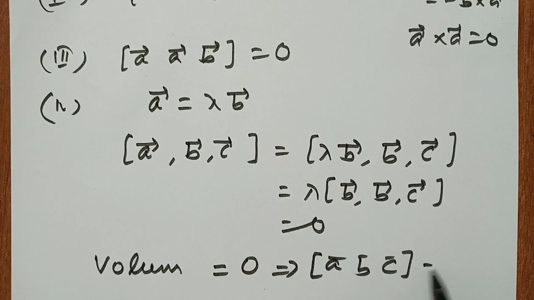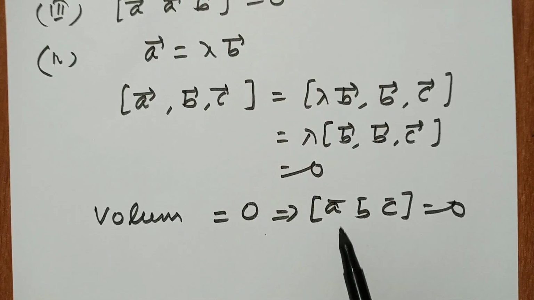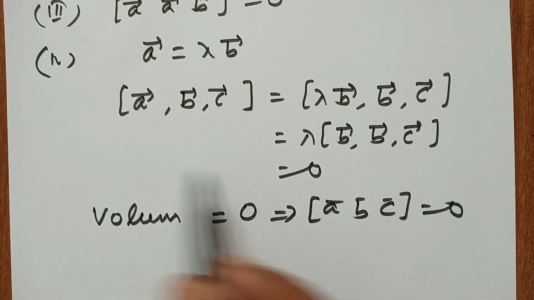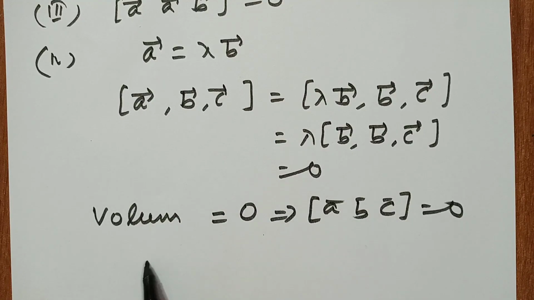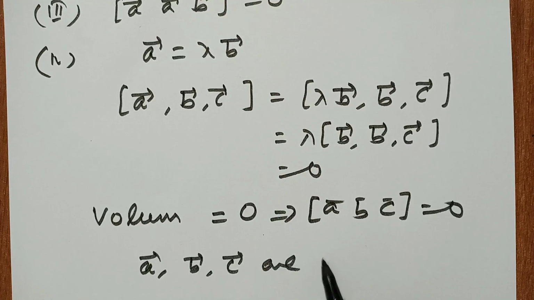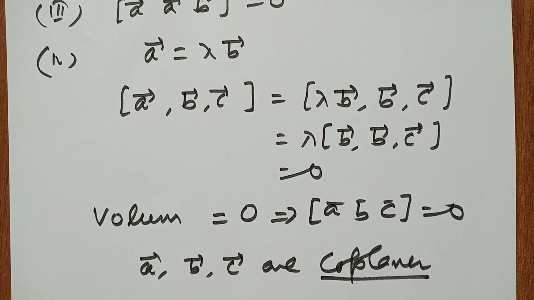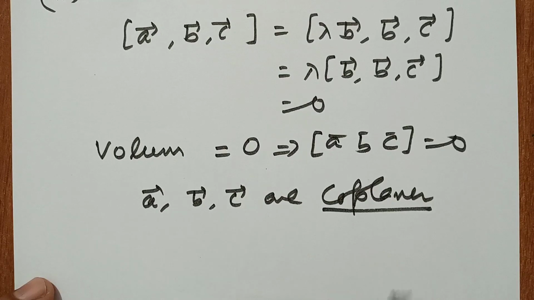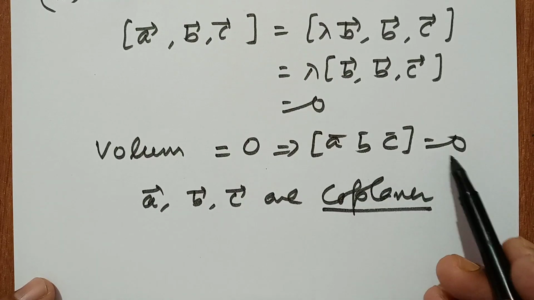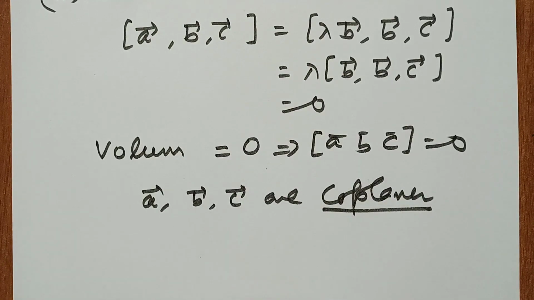And if [A B C] is 0, then the volume of the parallelepiped is 0, which means A, B and C are coplanar. So this is the condition for three vectors A, B and C to be coplanar: the volume of the parallelepiped is 0, meaning the determinant of the three vectors is 0. This is a very important property.